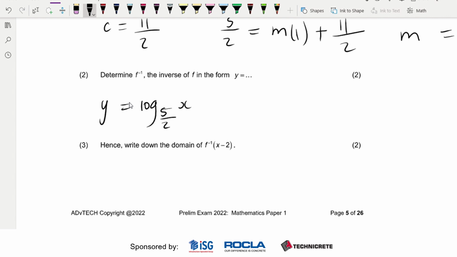Then we're asked to write down the domain of the inverse function, sorry, the inverse of f, but not just the inverse of f, the inverse of f at x minus 2. So x minus 2 tells us that our inverse function is experiencing a horizontal shift, and this is 2 units to the right.